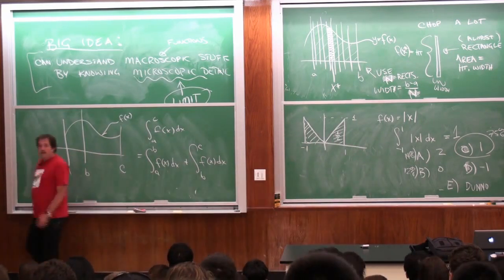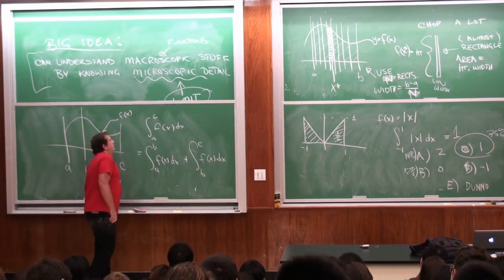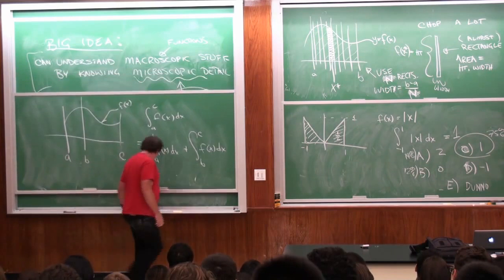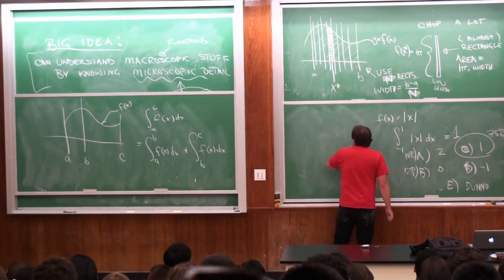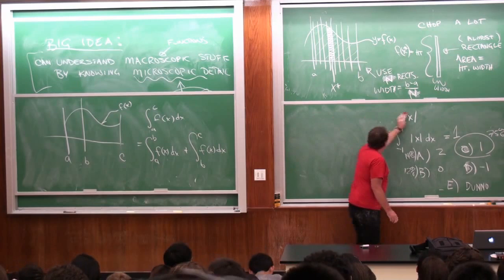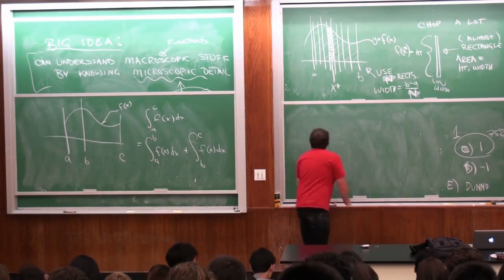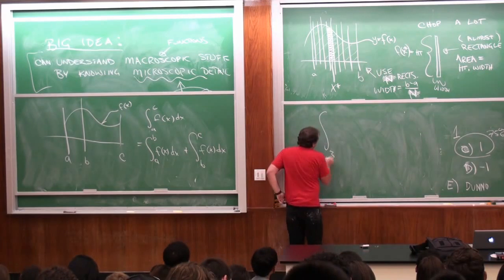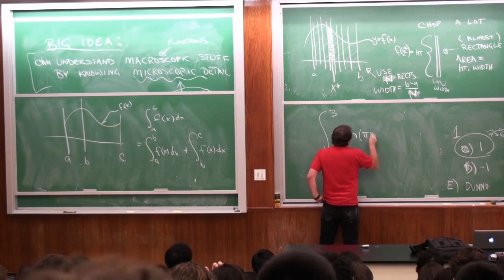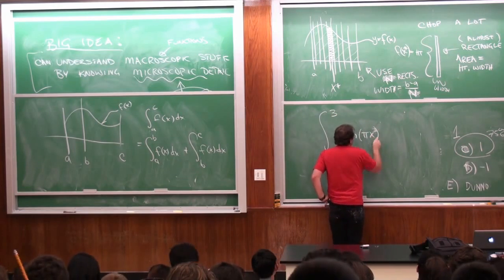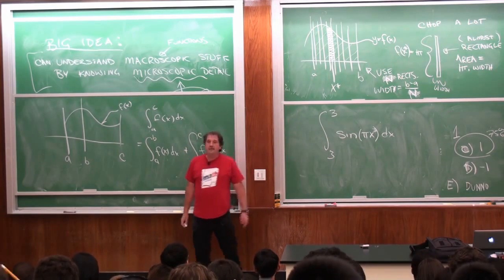Obviously, if its width is 0, the integral is going to be 0. So something like the integral from 3 to 3 of sine pi x dx.